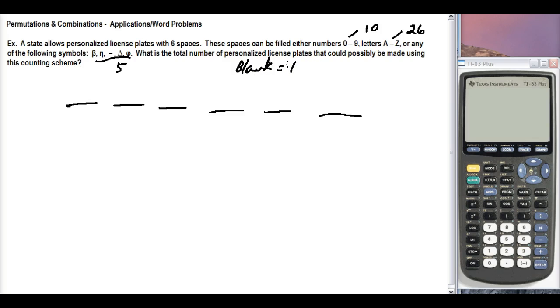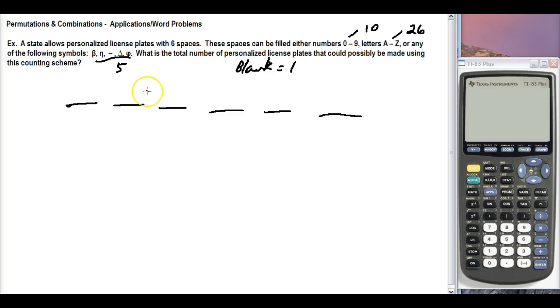So for our license plate, when we go to select what we want it to be, of course, we have to make a choice in what we want for the first space, a choice for the second space, a choice for the third, the fourth, the fifth, and the sixth. So since we have to make the choice for the first before the second, and the second before the third, that follows the concept of being a permutation, okay?